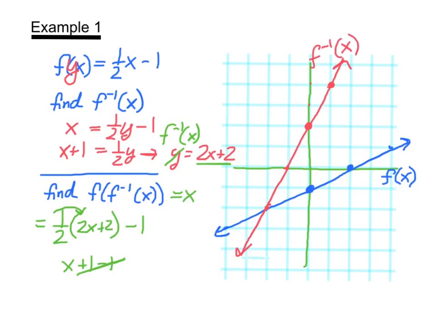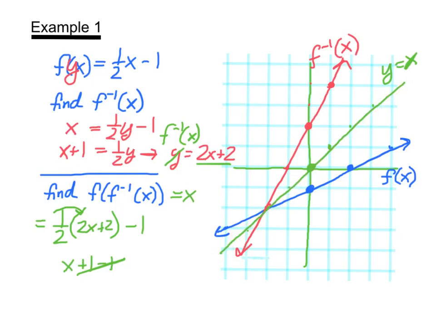And remember, these are supposed to be mirrors across the line y equals x. And y equals x crosses the y-axis at 0 and has a slope of 1, so I go up 1 over 1, up 1 over 1. I can go the same in the opposite direction. And if I draw that line, y equals x, notice that the two lines, f of x and the inverse of f of x, cross at a point that is also on that line, y equals x.